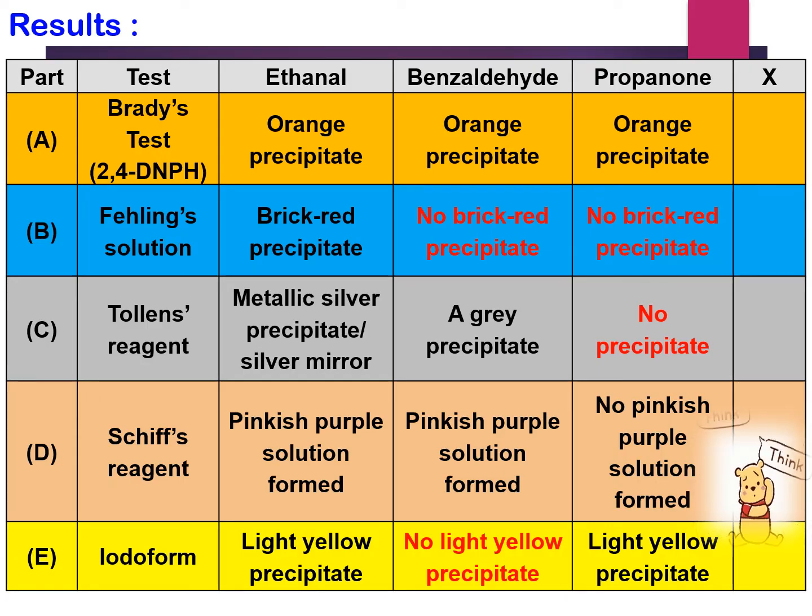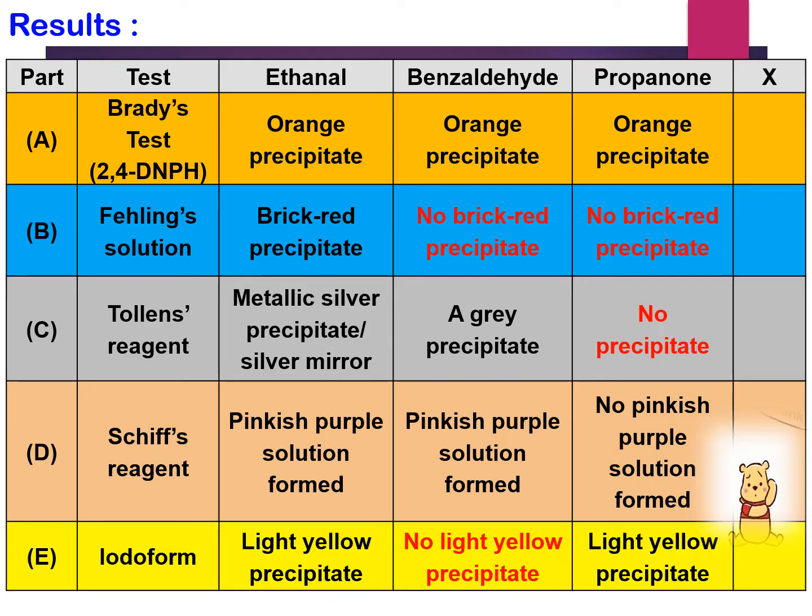For part D, test of Schiff's reagent, ethanol and benzaldehyde will show a pinkish purple solution formed, while for the propanol there is no pinkish purple solution formed.